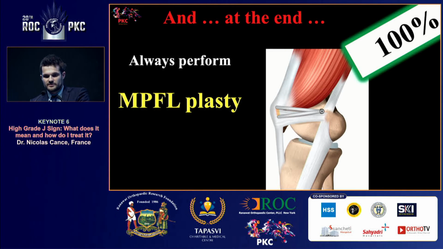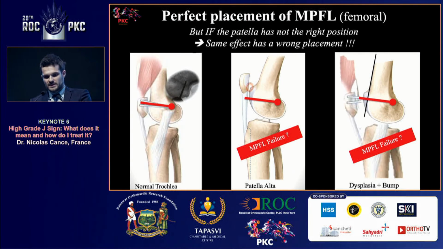And of course, at the end of surgery, you will always perform an MPFL plasty in 100% of cases. Do not forget that this MPFL plasty needs to be done at the end of surgery and needs to be associated with every other procedure.